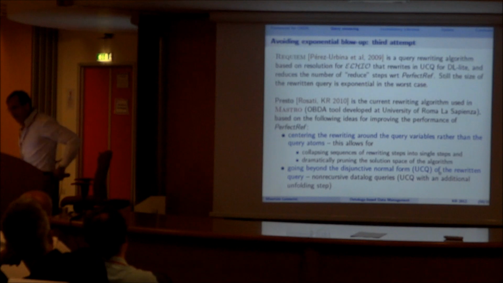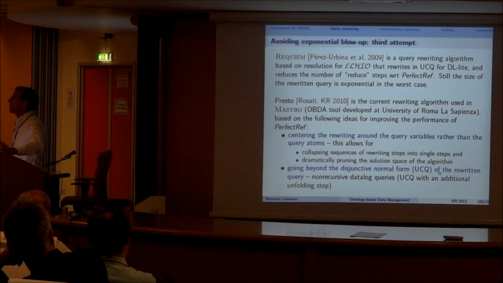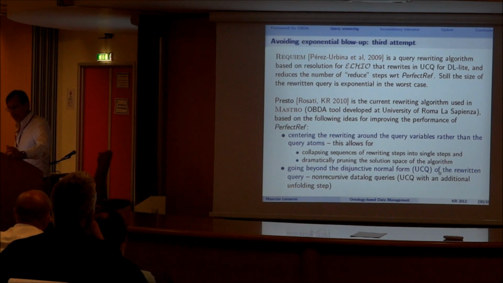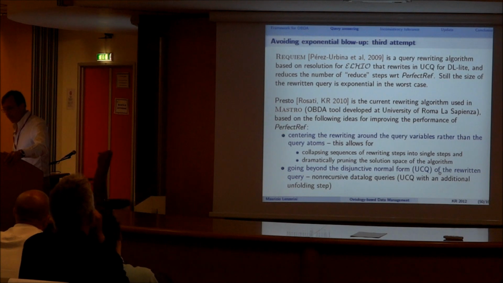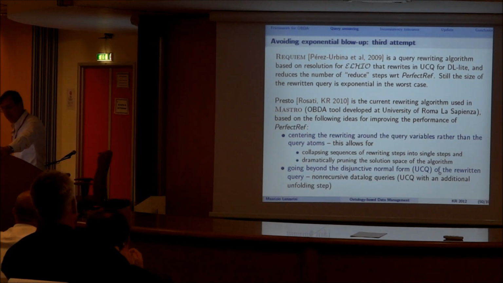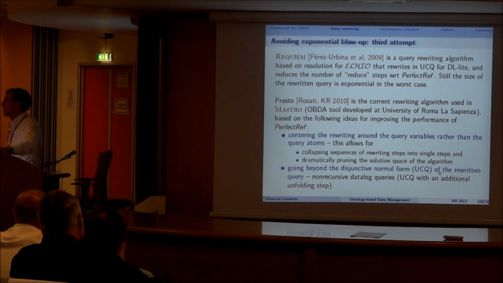There were a lot of other attempts to address this problem. For example, in 2009 there is a paper illustrating a new system called Requiem, a new algorithm for answering queries in more expressive description logics, that in the case of DL-Lite rewrites the query into a union of conjunctive queries again.